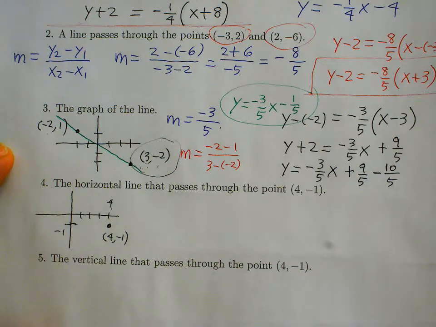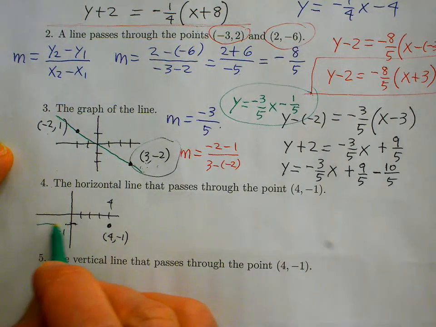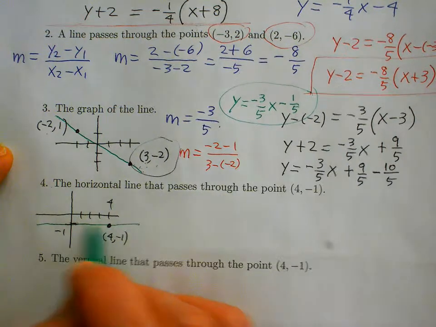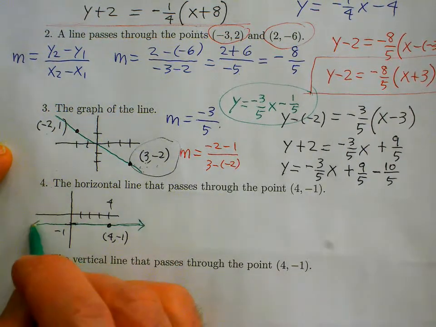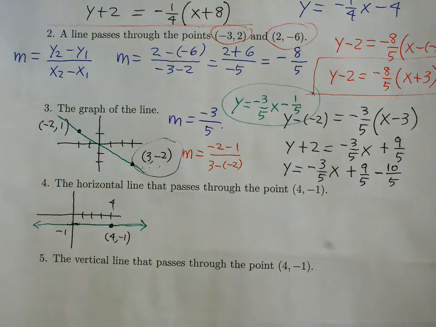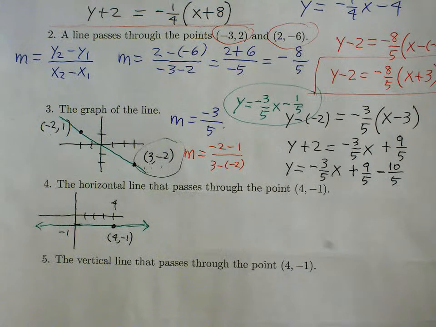And then a horizontal line. Well, with a horizontal line, there's something that every point on that line has in common with every other point on that horizontal line. So what is it? If I pick 2 different points on this horizontal line, the 2 points have something in common.